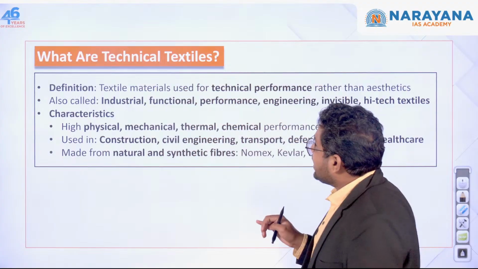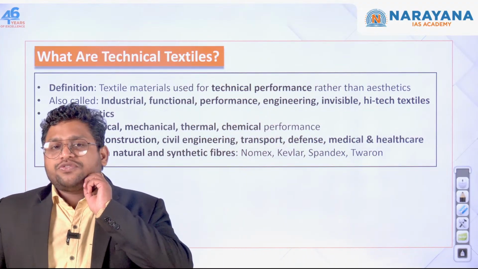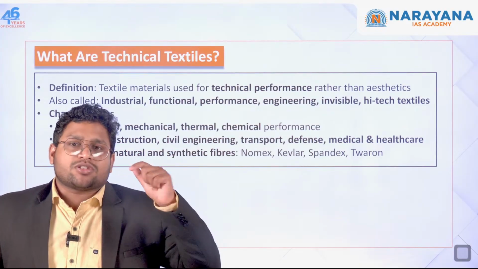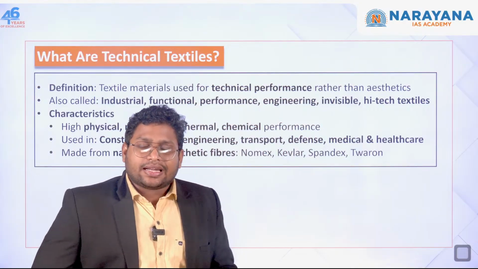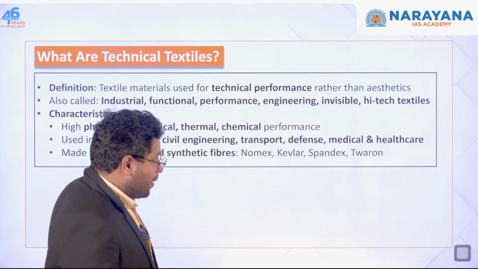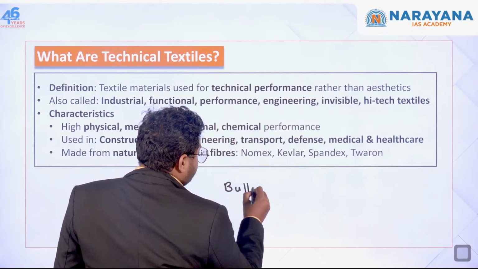What do we mean by this technical textile? So some textile materials which we make for a very special purpose, not for aesthetics, not for good looking purpose, nothing like that, but for some special purpose. Best example would be a bulletproof jacket.